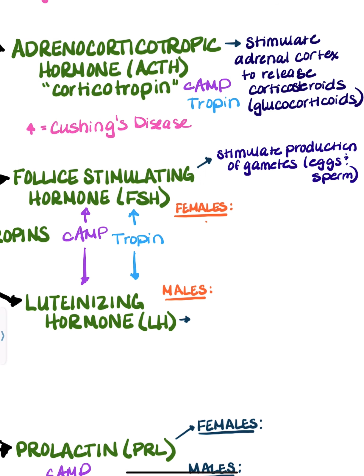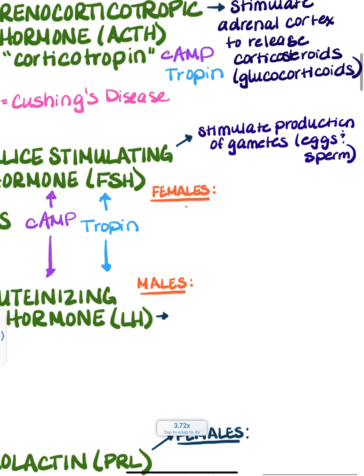Additionally, if we're talking about being a female, FSH can work in conjunction with LH, or the luteinizing hormone, and when it works in conjunction, it causes the eggs and the follicles to mature.